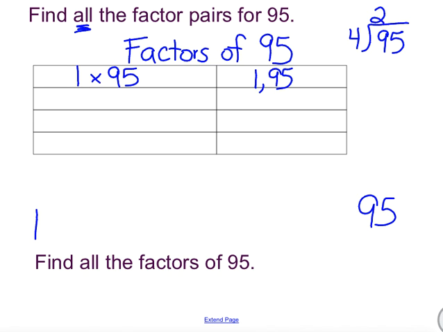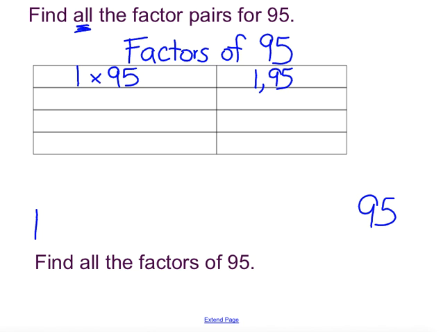That's twice, which is 8. How many 4s go into 15? That would be 3. Oh boy. We have 23 remainder 3. Nope. It doesn't go in evenly. You're not allowed to have a remainder, so 4 is not a factor of 95.